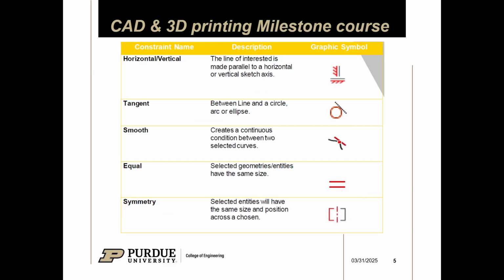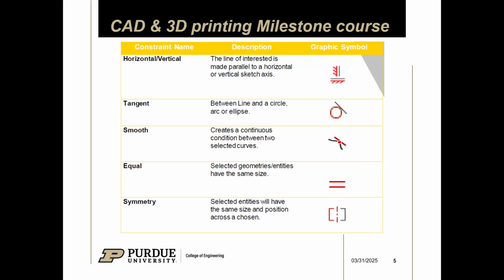Here's some more of them. Horizontal and vertical is also useful. Sometimes when you draw a line, Fusion will automatically make it horizontal or vertical, but if it doesn't for whatever reason and you want it to be that way, you can use that. Tangent is when you have a line going tangent to the circle, if you take geometry.